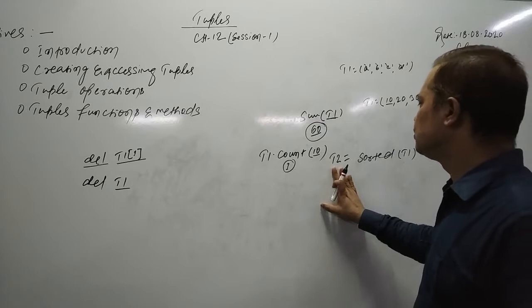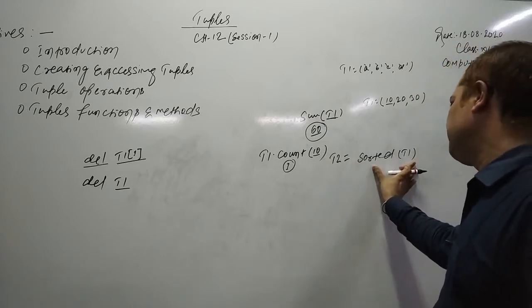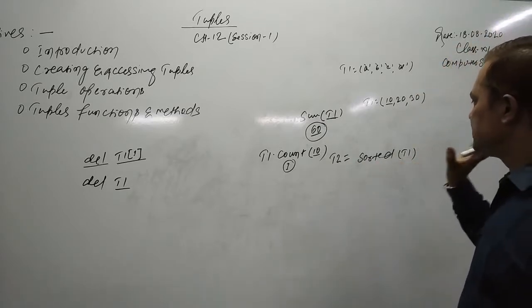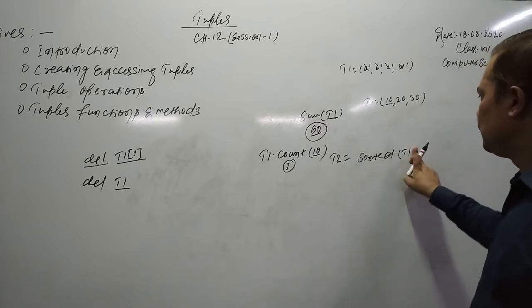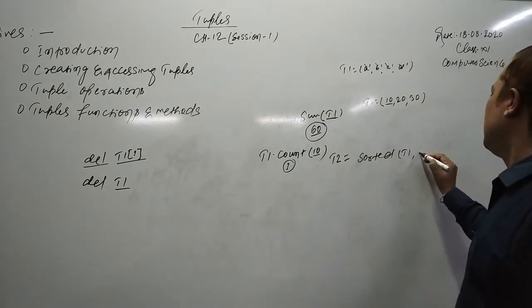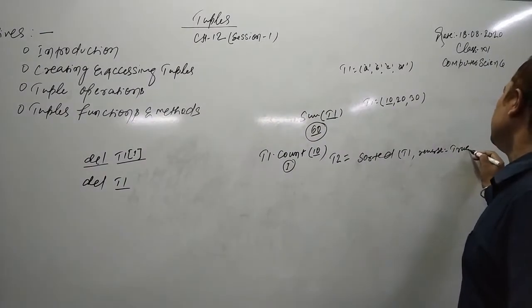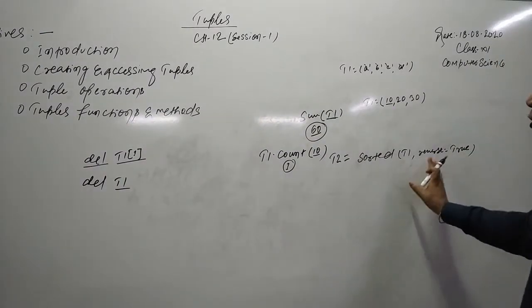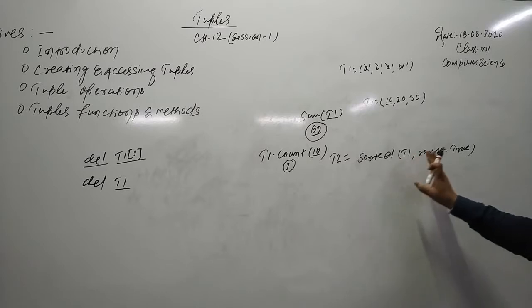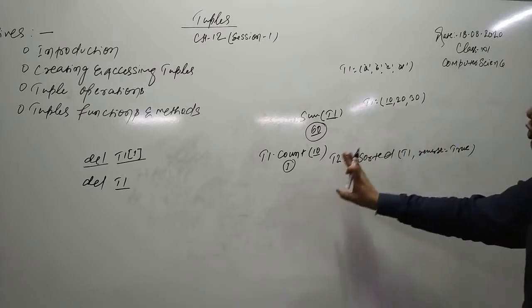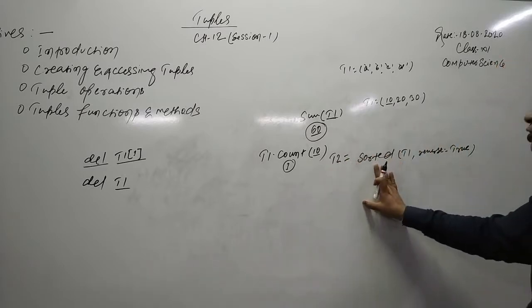You can see T2 will give you the sorted form of T1. If you want the reverse order, the same process that you did in the case of your list, you can write comma and then reverse equal to True. If you write reverse equal to True, then T1 will be sorted in descending order and stored in T2. So this is what the sorted method is.